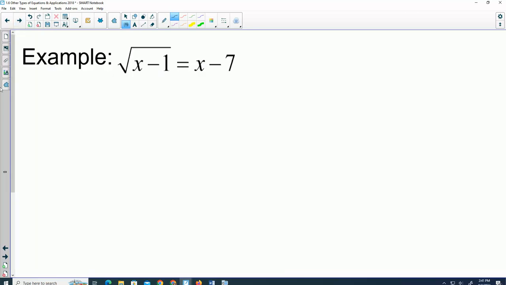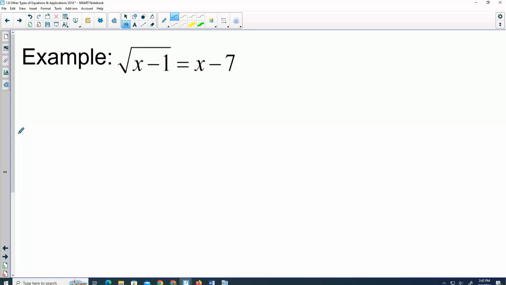Let's try this one. Okay. The square root is by itself.